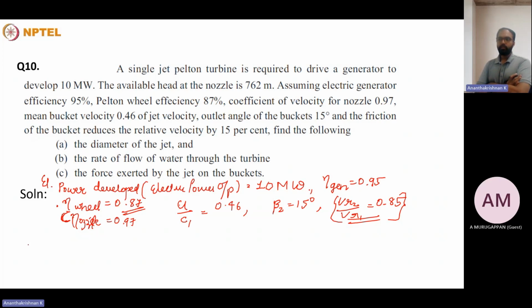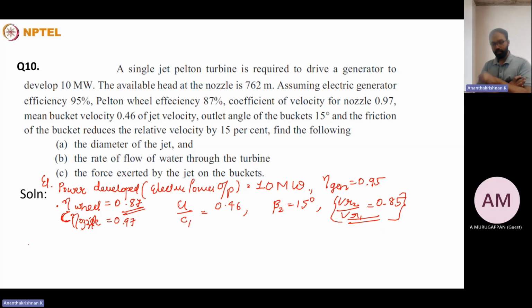In order to calculate the discharge, we need to find out the actual power produced at the exit of the turbine, and then corresponding to the wheel efficiency, we can calculate the power which is available at the inlet of the turbine. Using that power and the head which is available, we can calculate the discharge. And using this discharge and the velocity, we can calculate the value of the diameter of the jet.